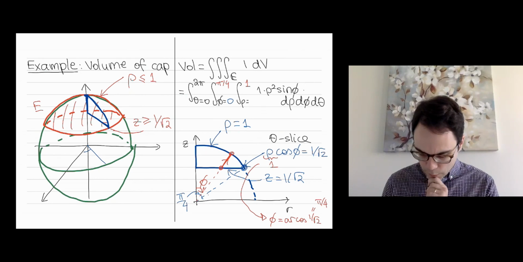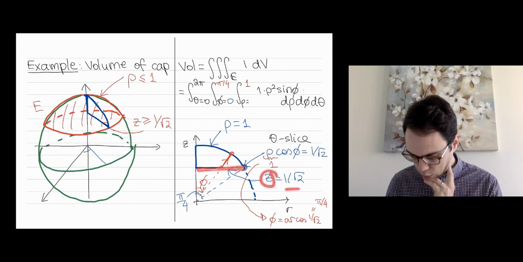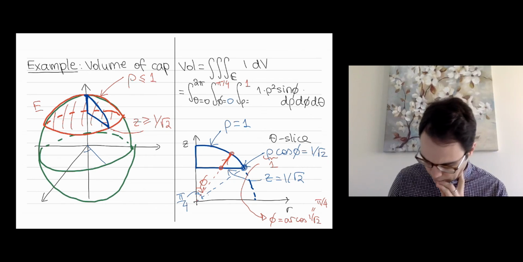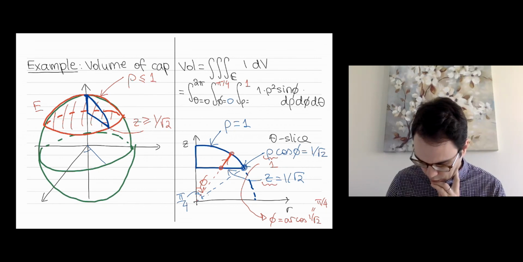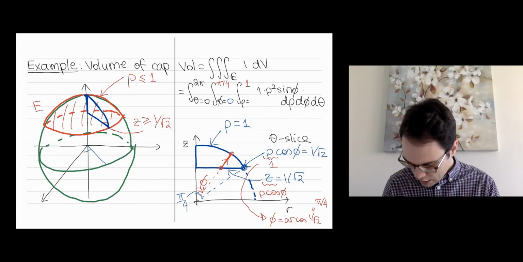Okay, so when does rho enter? Well, rho enters on this line, which has equation z equals 1 over root 2. I enter this region when z is equal to 1 over root 2.